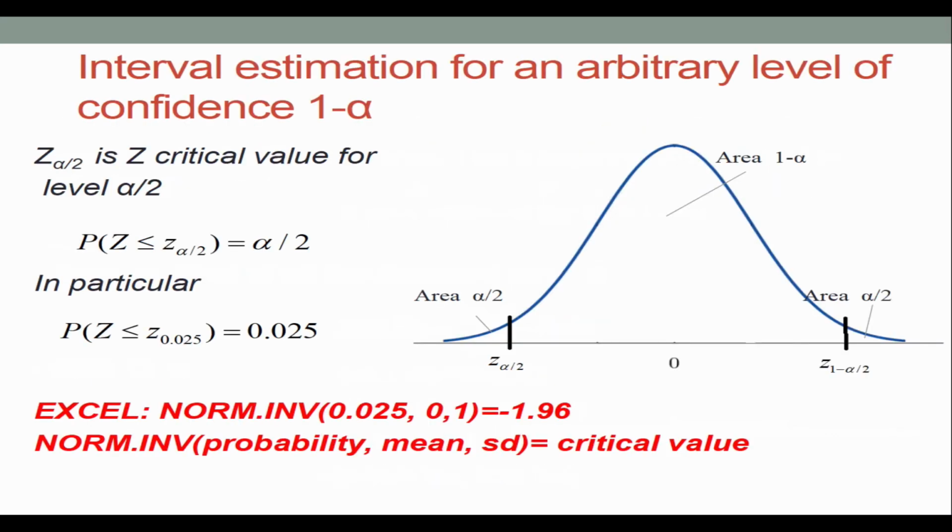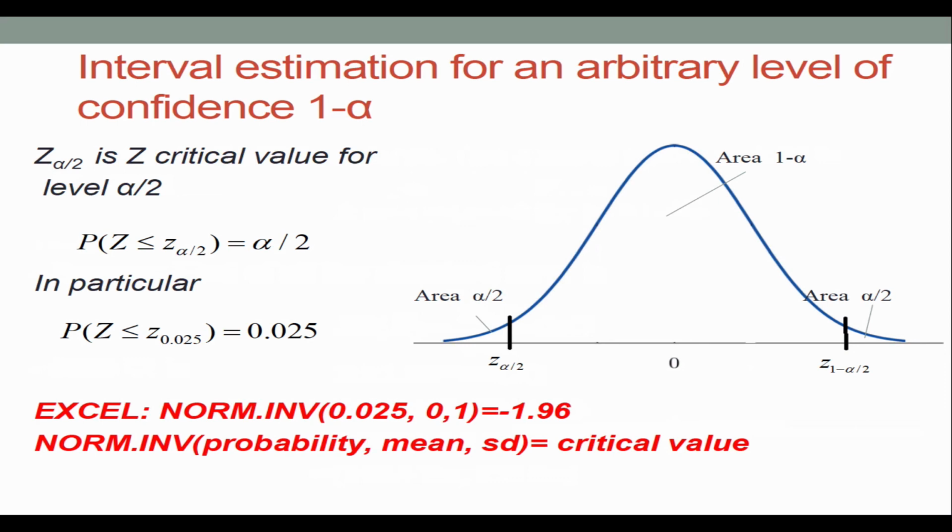Then what's the general interval estimation for an arbitrary level of confidence 1 minus alpha? If we are asking for a 95% confidence interval, alpha is going to be 5%, because 1 minus alpha equals the number we are talking about.